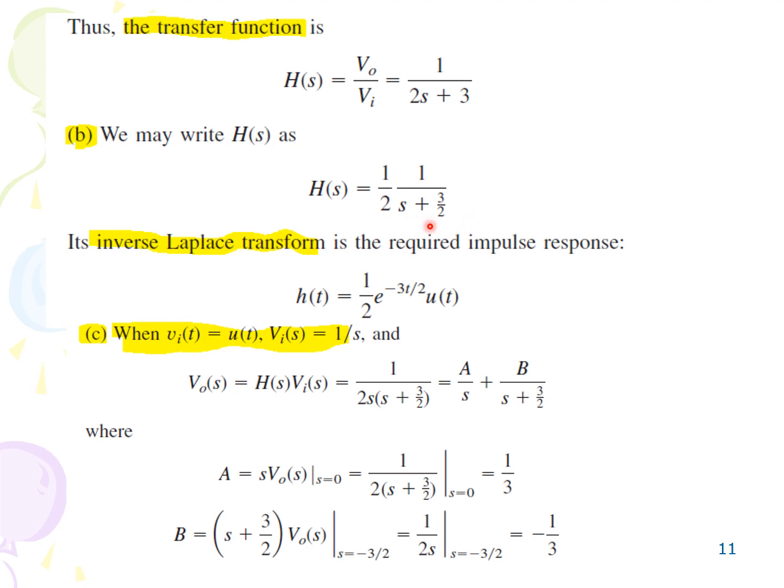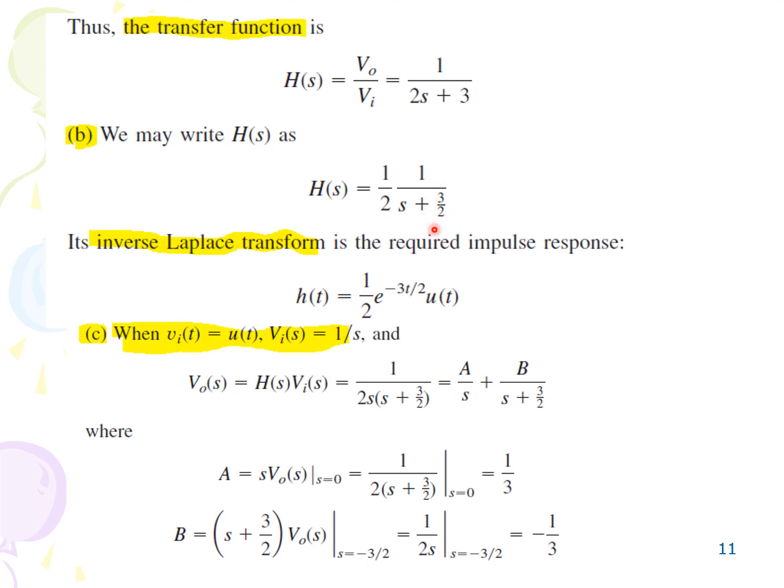So now you can easily apply the properties of the inverse Laplace transform to convert it into the time domain. So h(t) will be equal to 1 over 2 e raised to the power minus 3 by 2 t u(t). E raised to the power minus 3 by 2 t is the inverse Laplace of 1 over s plus 3 by 2.